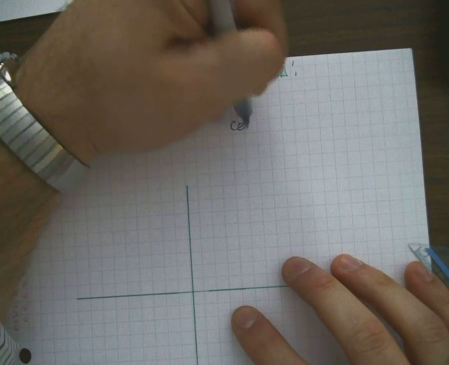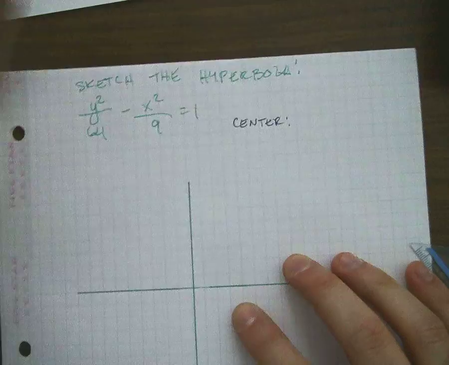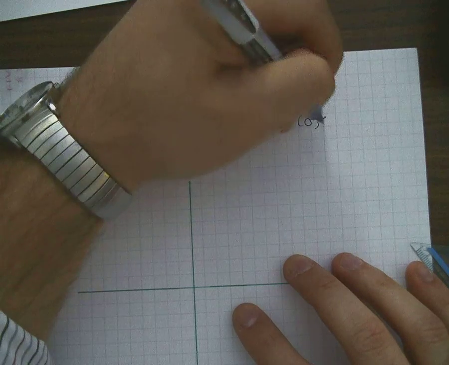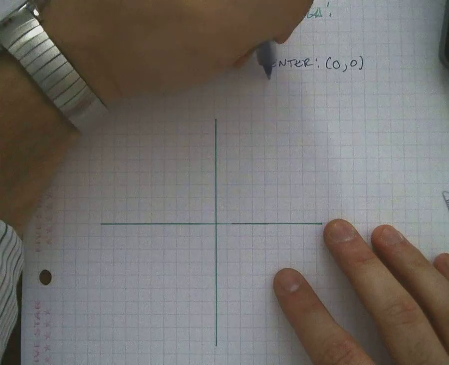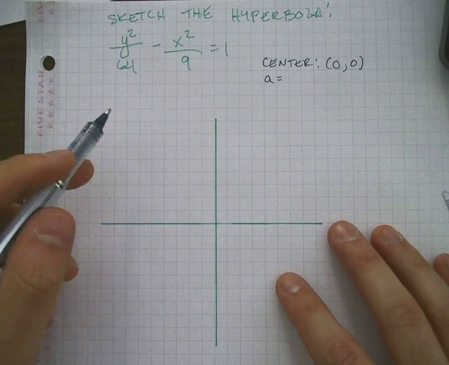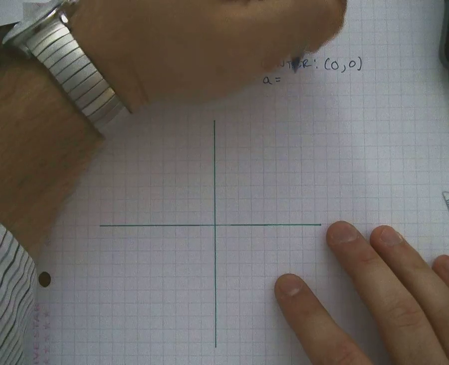Where is our center here? Center is at 0, 0, because our h and our k are just 0 here. And what is our a going to be? That's right, 8.